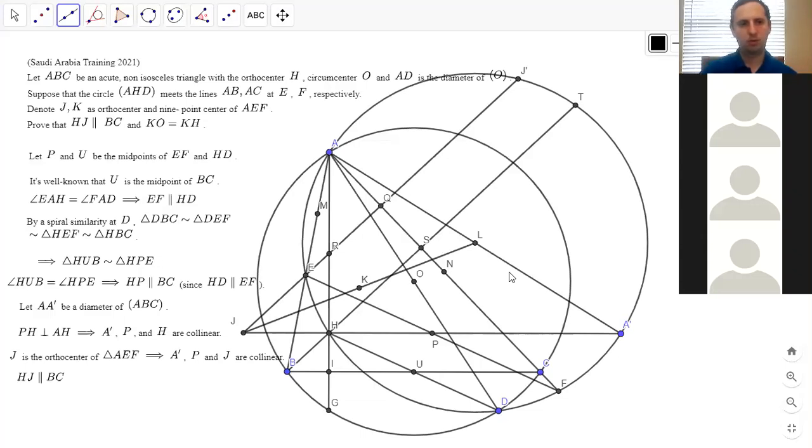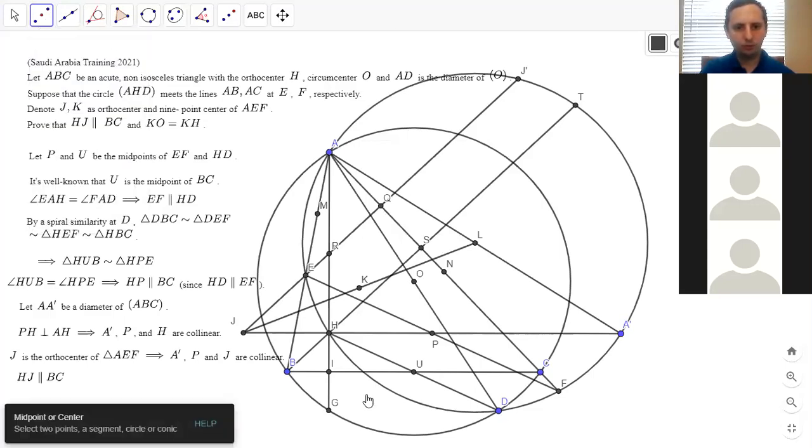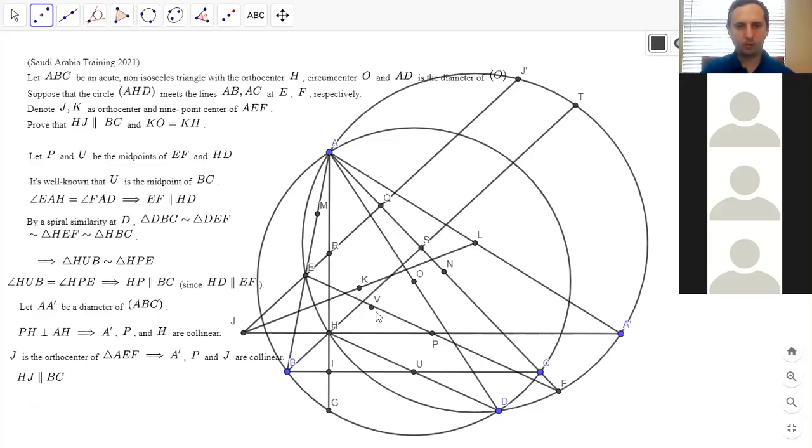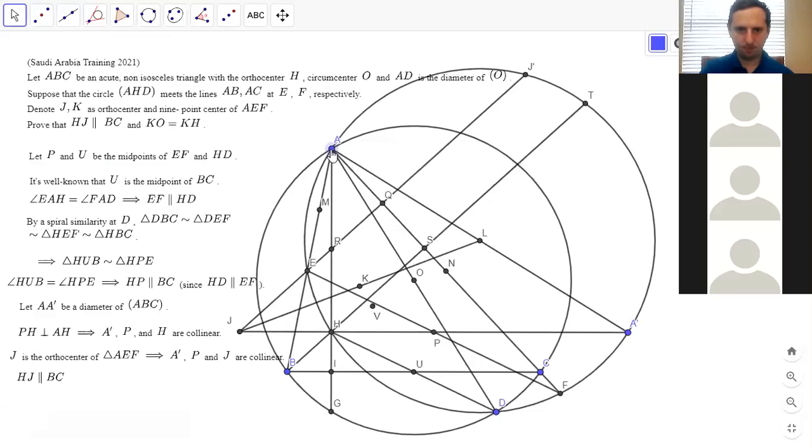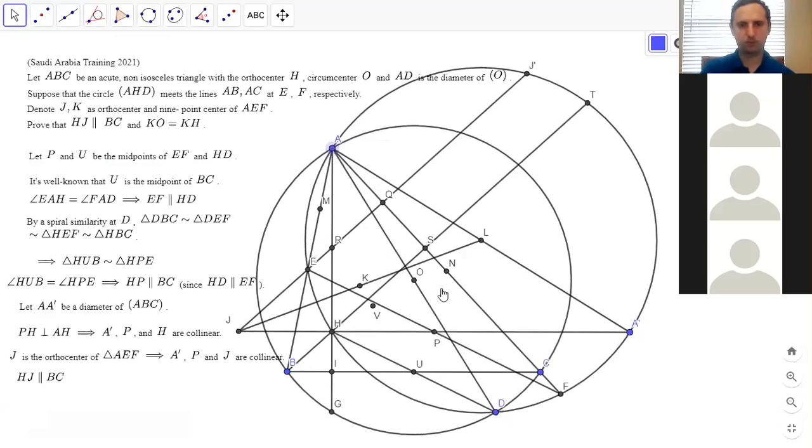Could you draw the 9-point center of triangle ABC? That will be the midpoint of OH, so we call it V. So KJ is equal to KL.